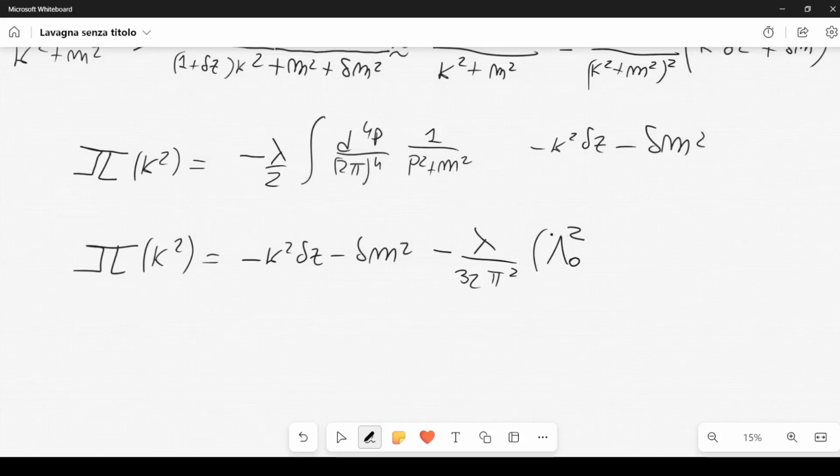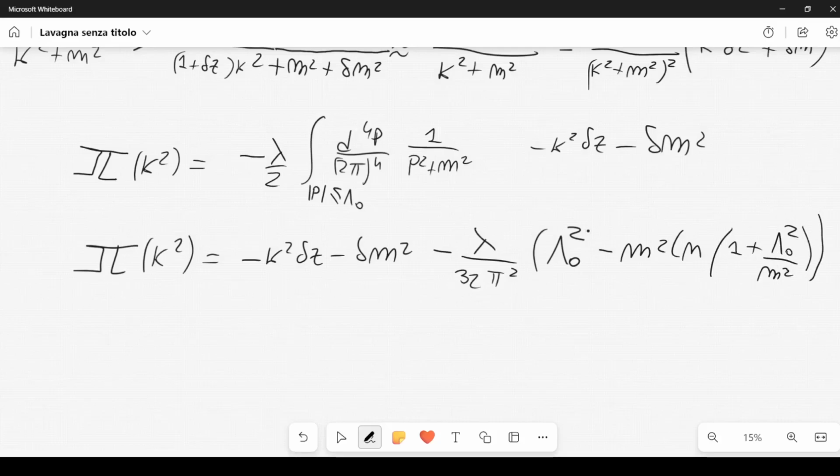So if you recall, we had to integrate over mod p smaller than or equal to lambda 0, because the energy scale of our theory was lambda 0, then we have minus m squared natural log of 1 plus lambda 0 squared over m squared, like this.